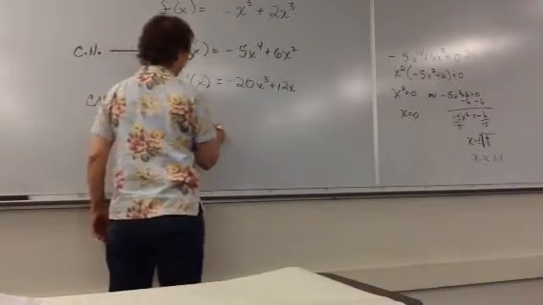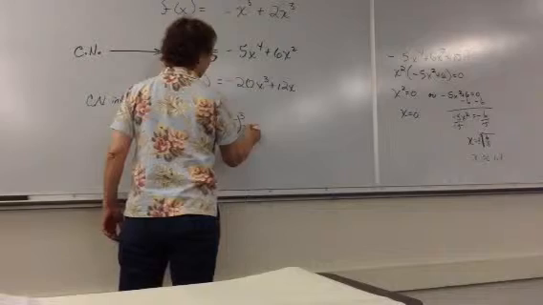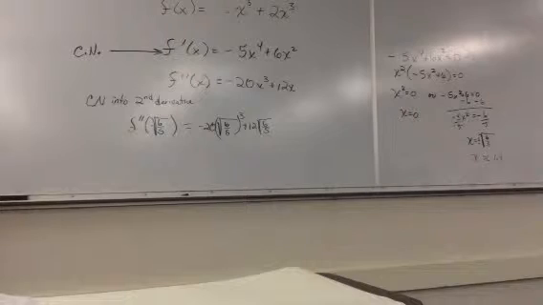Oh God. What happens when you make one up? You make up weird, icky numbers. Negative 20 times square root of... Oops, I forgot to put the negatives in there.